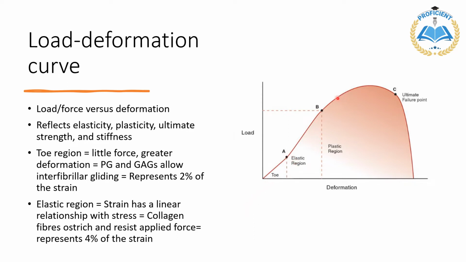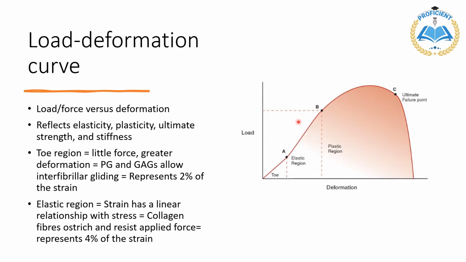The region between A and B is called the elastic region, and this is the only region on the curve that has a linear relationship with the stress. That is, as the load continues to be applied, the deformation continues to happen.